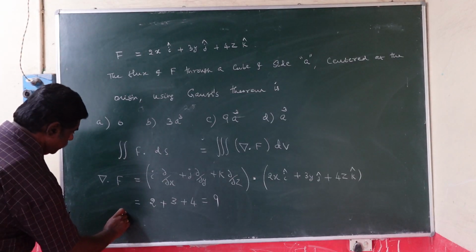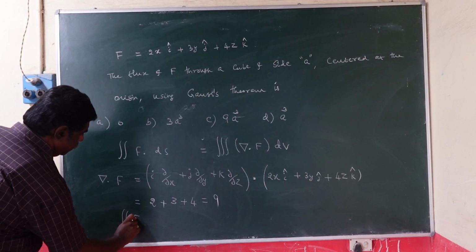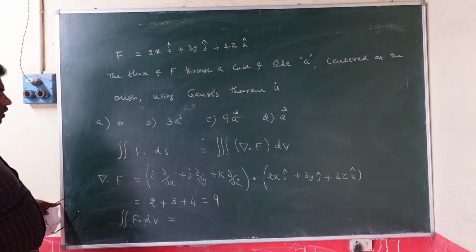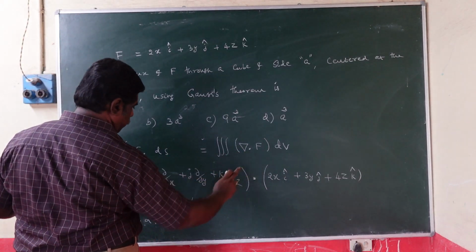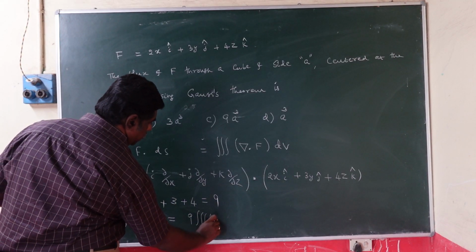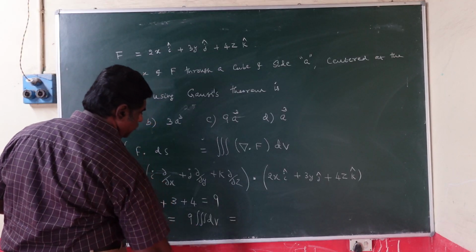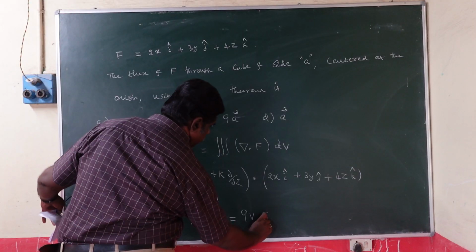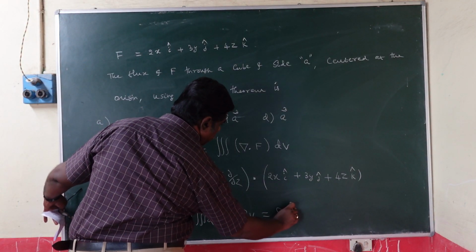Therefore, the integral of F dot ds is equal to integral of div F dv, which is 9 into dv, which is equal to 9 into V, which is 9 A cube.